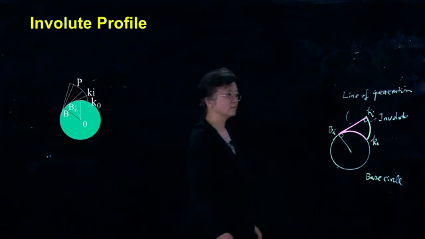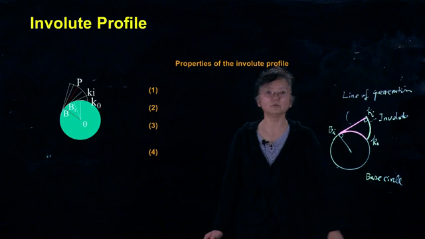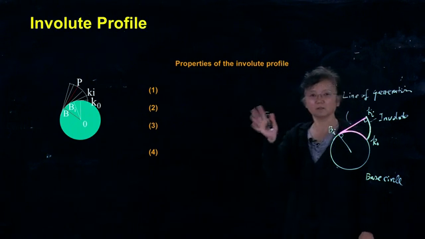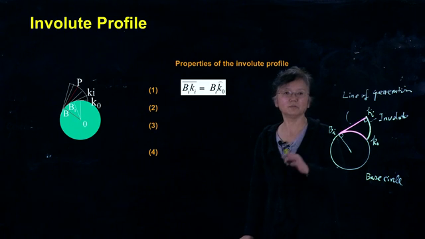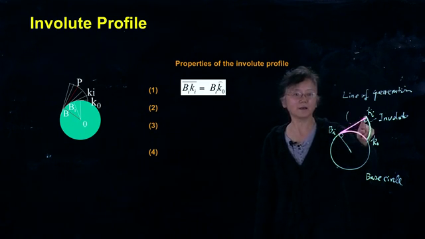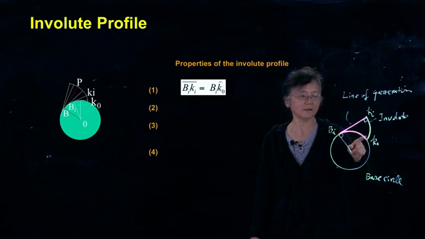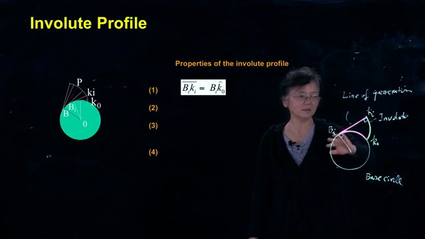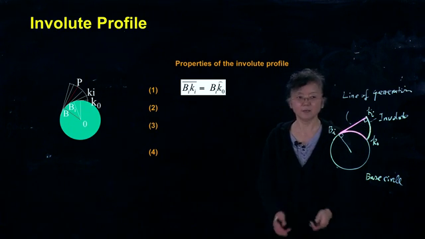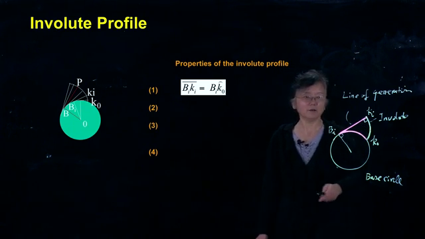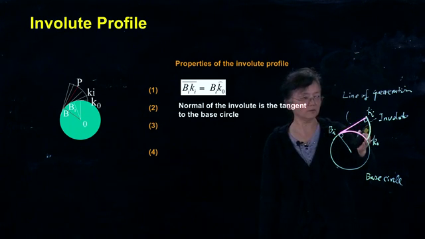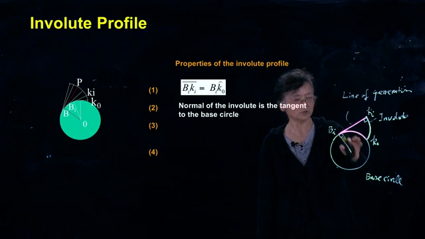Okay, so we can summarize a number of properties of the involute. The first one, who equals whom? As I mentioned here very clearly, BI KI equals the arc BI K naught. So the straight line equals the arc length. Okay, and also one more thing, that is the normal to the involute is tangent to the base circle.